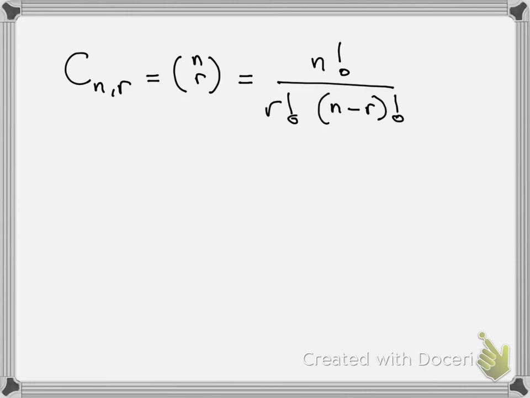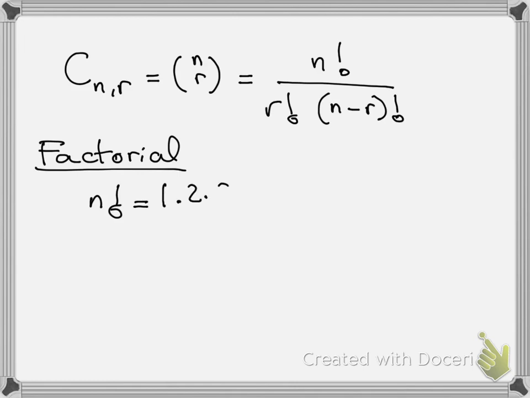Okay, so let me explain what the factorial is. When you say n factorial, that's multiplication: we multiply 1 by 2 by 3 times 4, etc., until you stop at n.